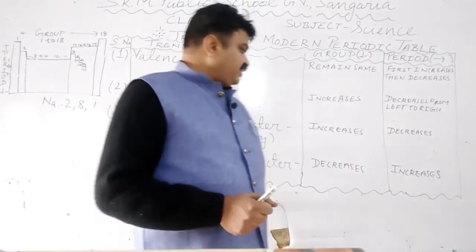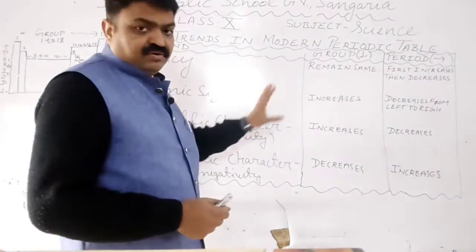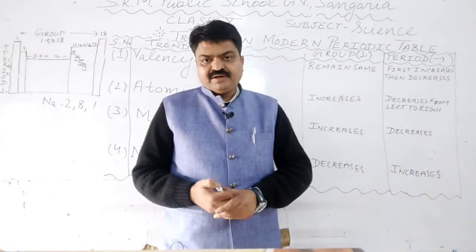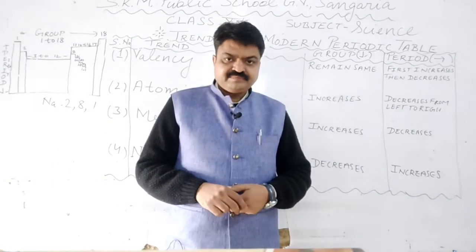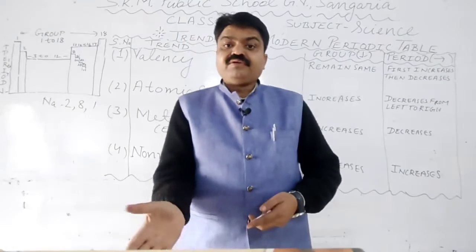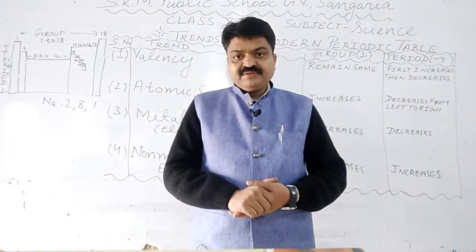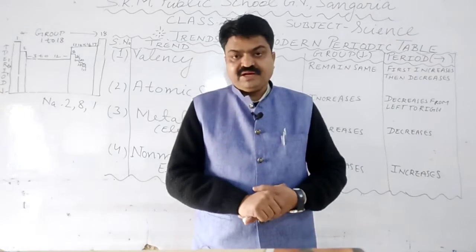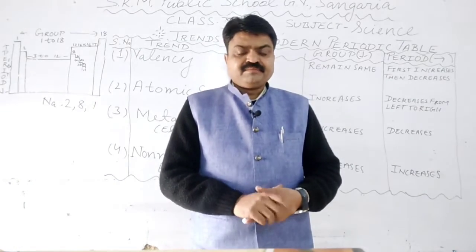Now we come to the next, it is non-metallic character. Now what is the non-metallic character? The character that determines electron gaining capacity, means they accept the electron with the help of this character.